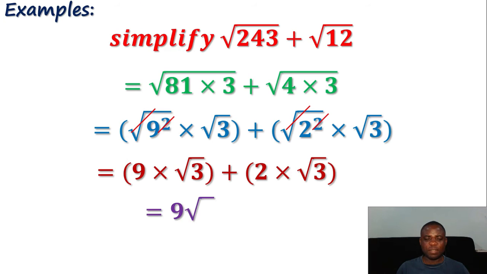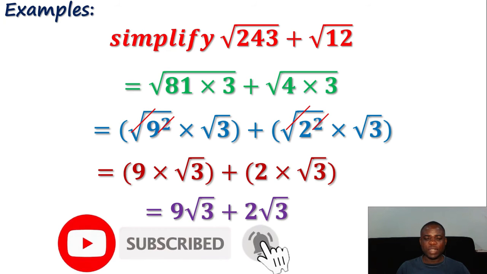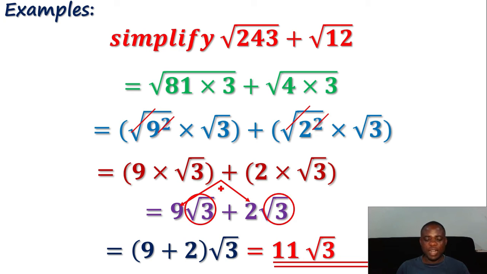This will further give us 9 square root of 3 plus 2 square root of 3. And realize that since you have the square roots of both sides being the same, you add the coefficients of the square root. This will give us 9 plus 2 root 3, which is equal to 11 root 3. That is our final answer.